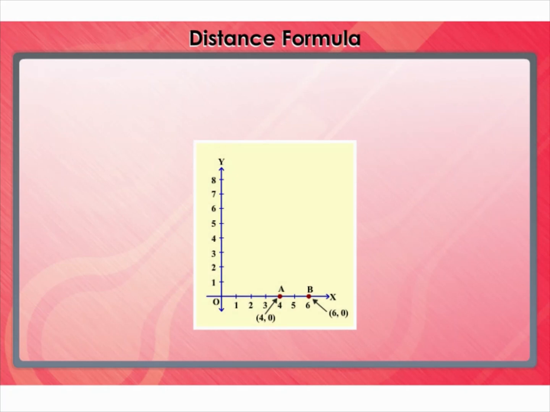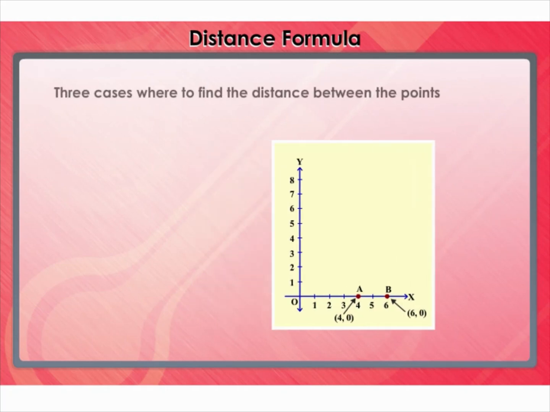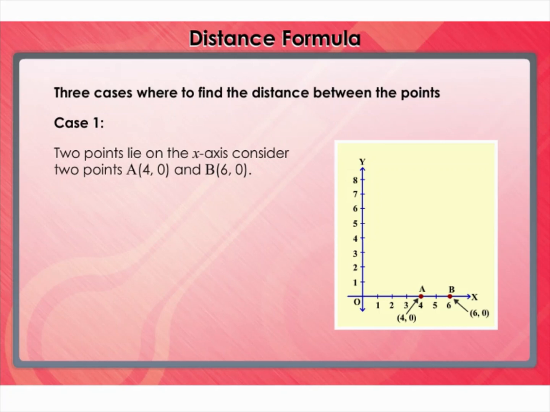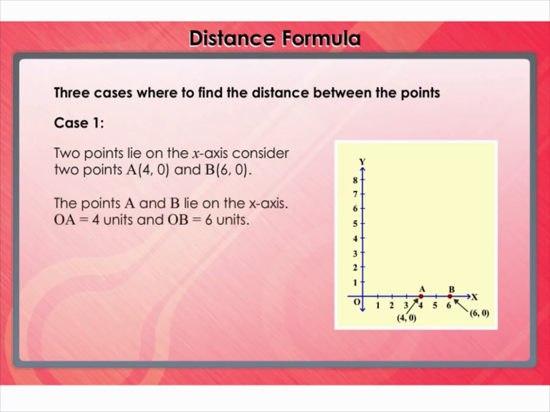Before we go into details of distance formula, we shall take 3 cases wherein we need to find the distance between the points. Case 1. 2 points lie on the x-axis. Consider 2 points A(4, 0) and B(6, 0) in the figure. The points A and B lie on the x-axis.